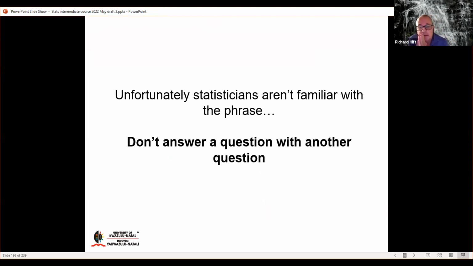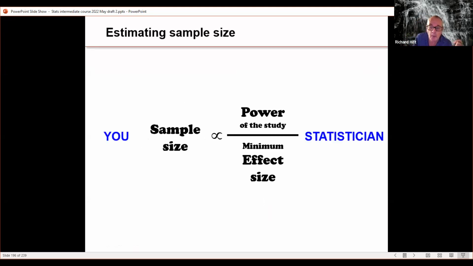Okay. Well, this is a sad thing in life. Those who've been to see the statistician will know. Statisticians don't understand the phrase, don't answer a question with another question, because that's what they always do. Okay. So you go along and say to the statistician, what sample size do I need?